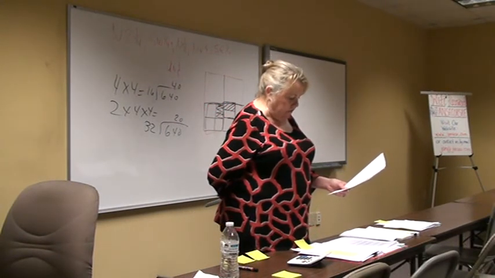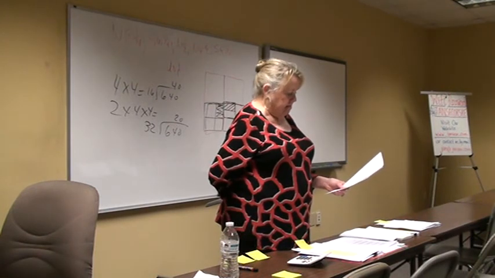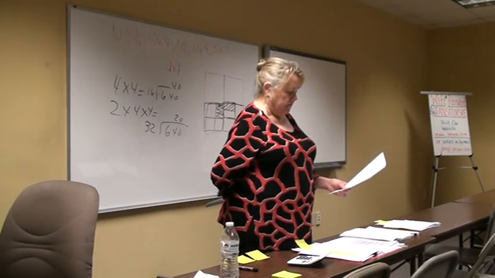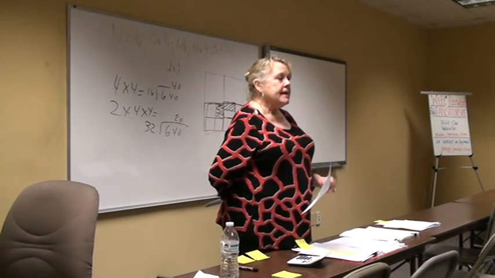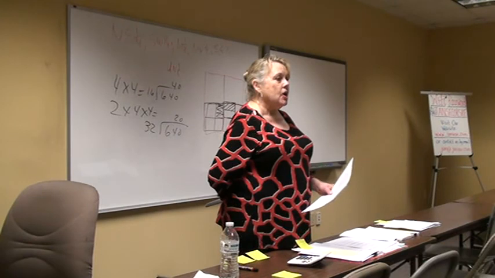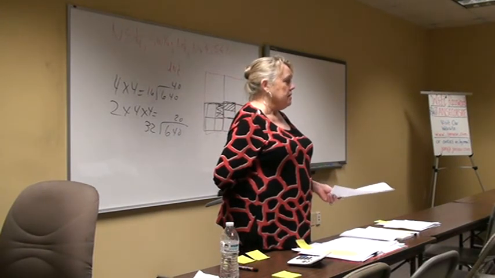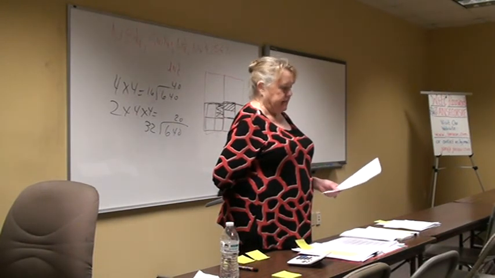Number 12, B. Ocean front is called littoral. Ocean, guys, waters that have a high and a low tide, that would be under the littoral water rights.